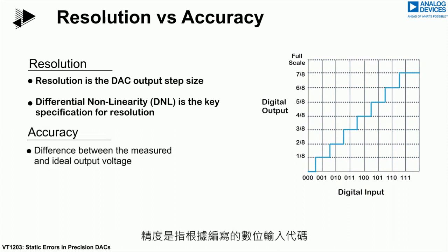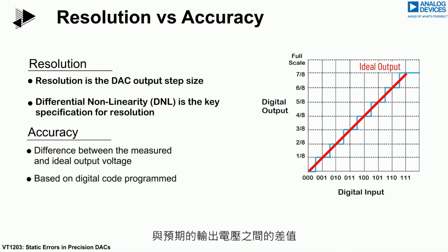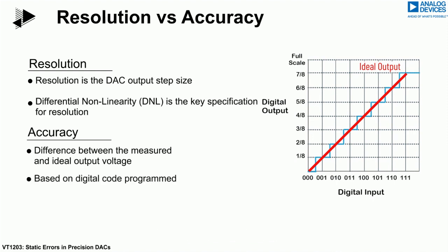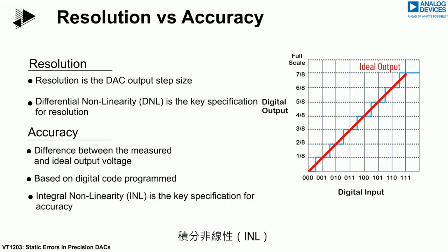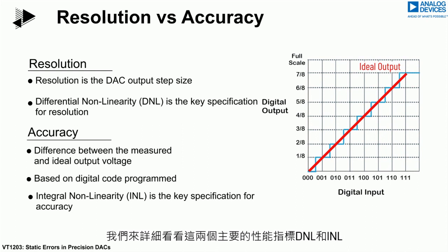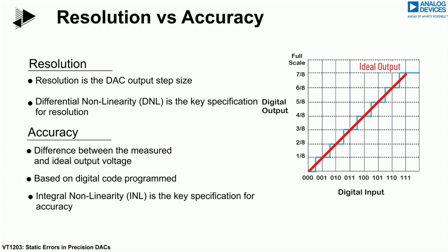The accuracy represents the difference between the measured output voltage and the expected output voltage, based on the programmed digital input code. Integral nonlinearity, or INL, is the key specification for accuracy. We will now take a look at these two key specifications, DNL and INL, in more detail.